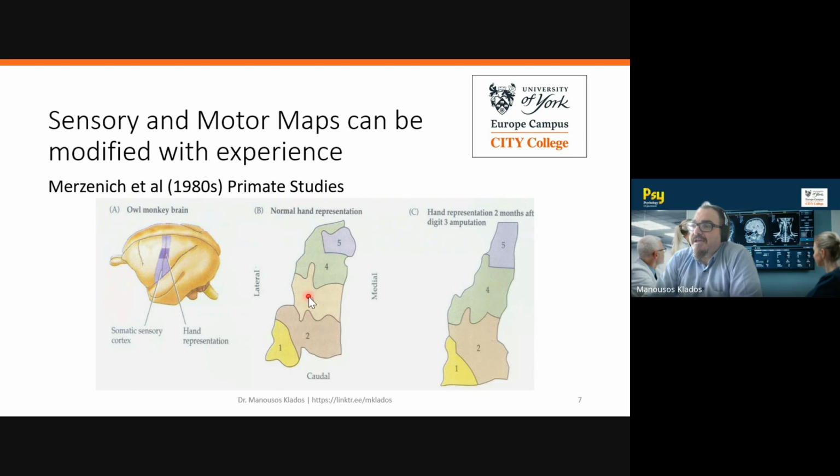Then Merzenich took this monkey and cut its third finger. And after 2 months, we see that the area of the brain that represented the third finger is lost, and this place was taken mainly by the close fingers, the second and the fourth one.